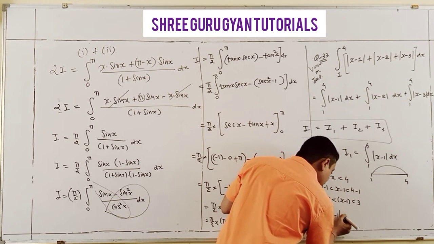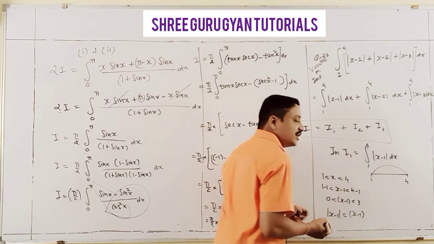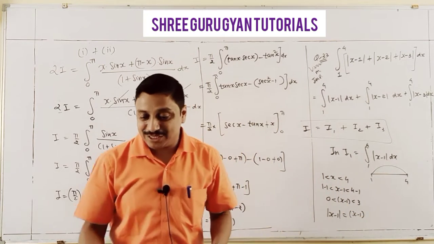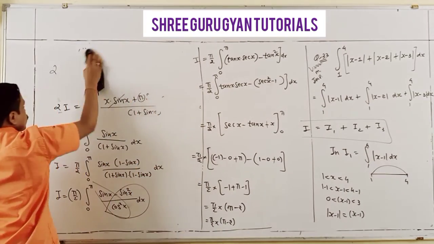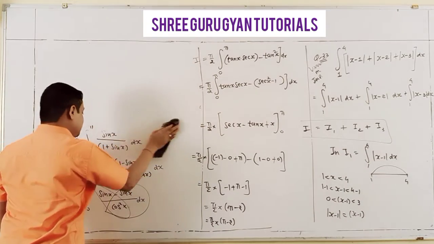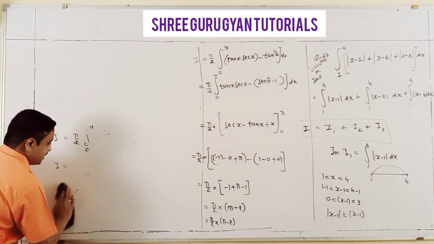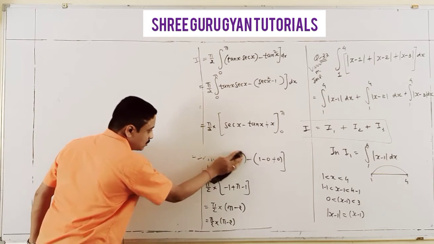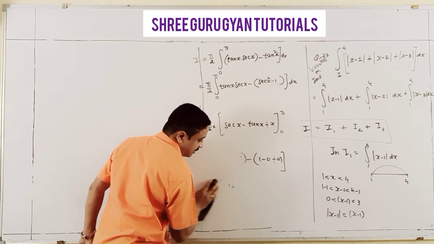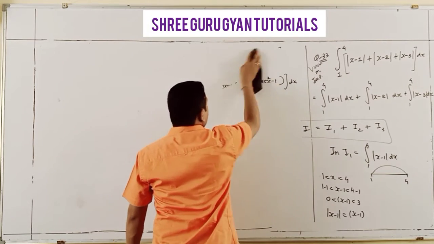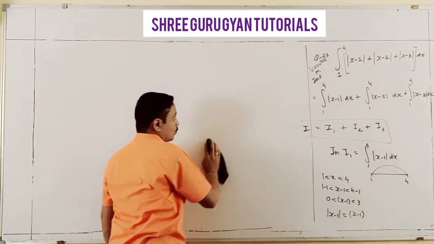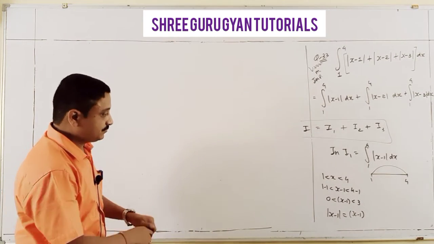So my modulus value is purely positive, and that is how you get I1 successfully. Finally, there are 3 numericals combined in this question, so I slowly explain. First I1.